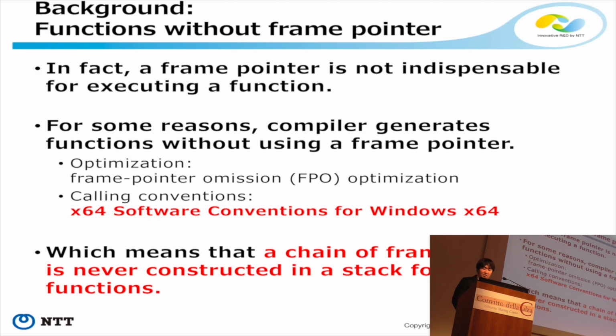And some calling conventions regulate that functions shouldn't use a frame pointer. The x64 software conventions for Windows x64 are one example of this. In such cases, a chain of frame pointers is never constructed in the stack for such functions.